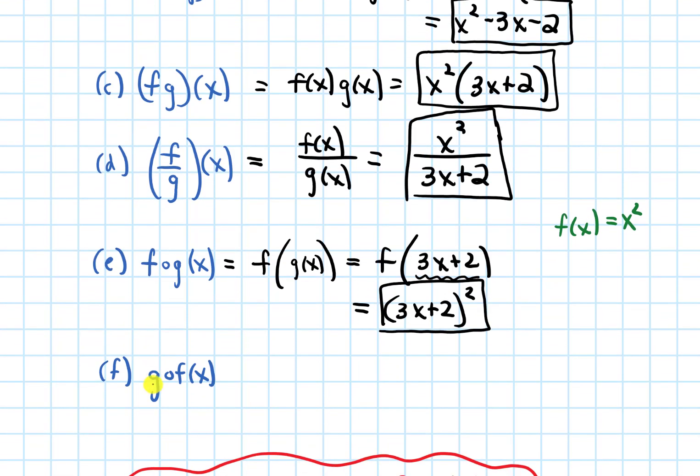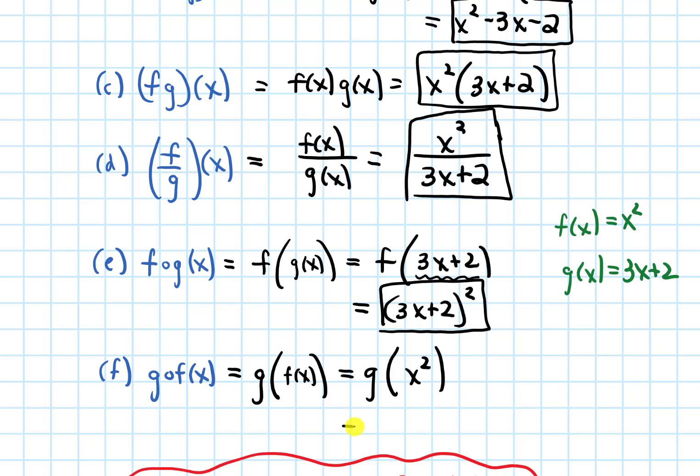And if I switch the order, if I do g of f of x, so this is g of, and I'm plugging f of x into g. Remember g of x is 3x plus 2. So this is g of, and my f of x formula is x squared.